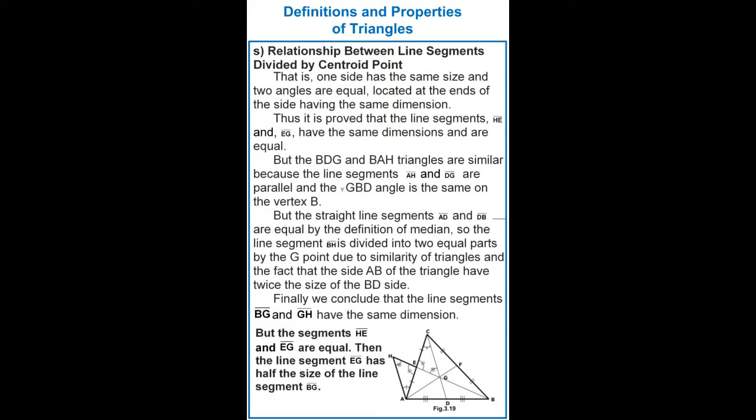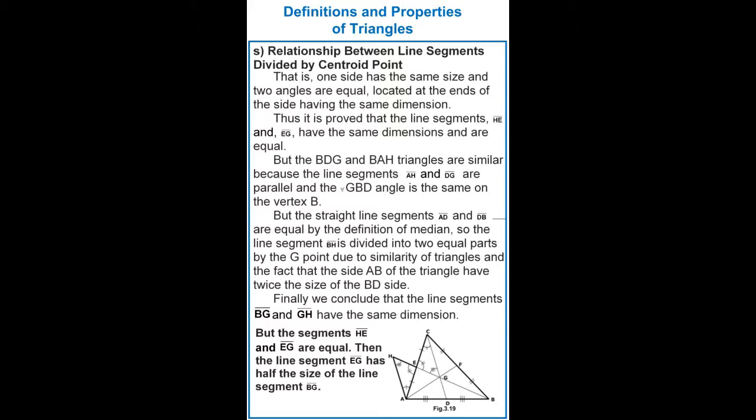But the BDG and BAH triangles are similar because the line segments AH and DG are parallel, and the GBD angle is the same at the vertex B. But the straight line segments AD and DB are equal by the definition of median.